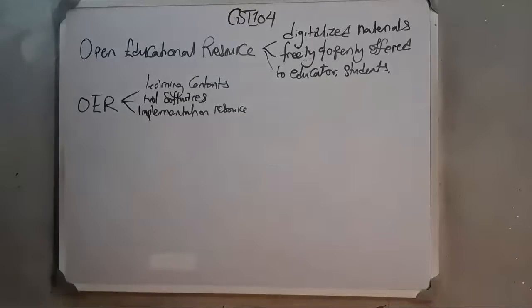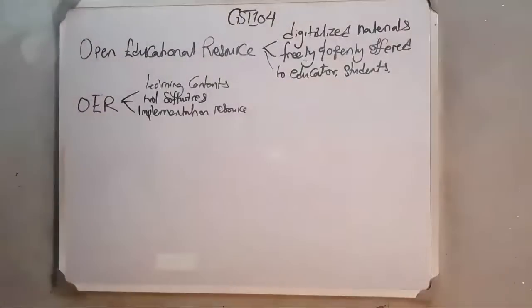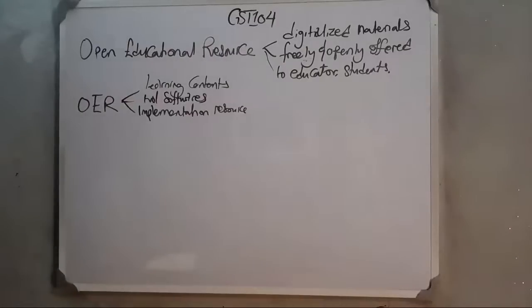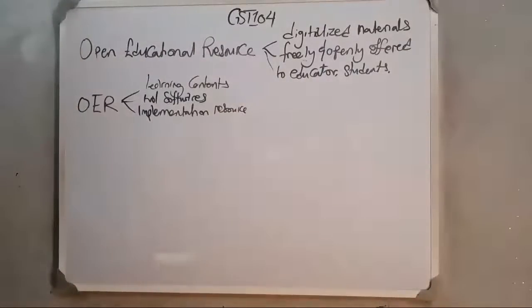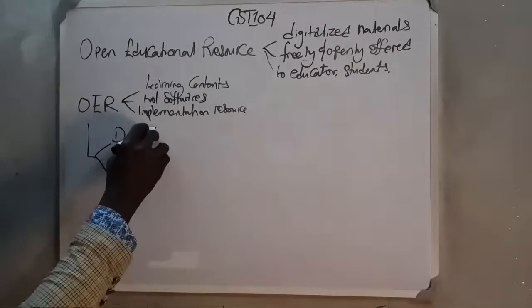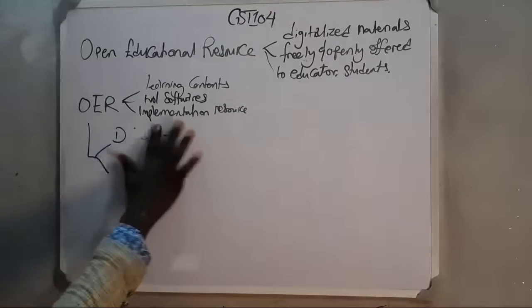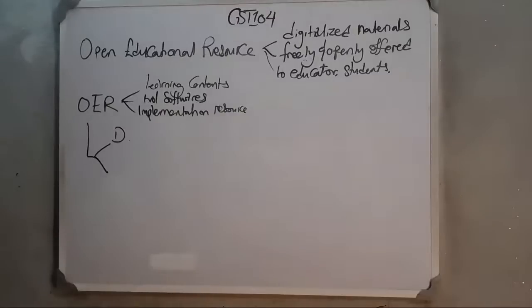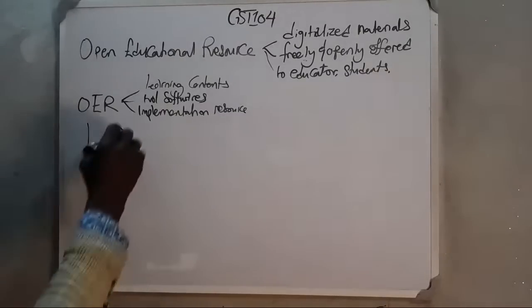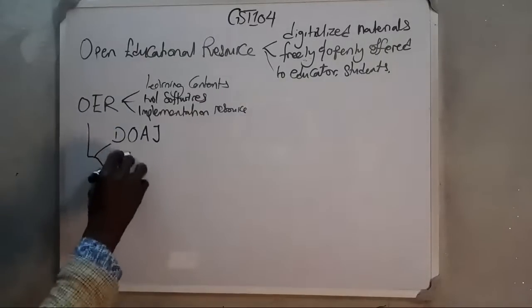Now we need to understand that there is something called delayed access, the delayed open access journal, and we have the hybrid open access.